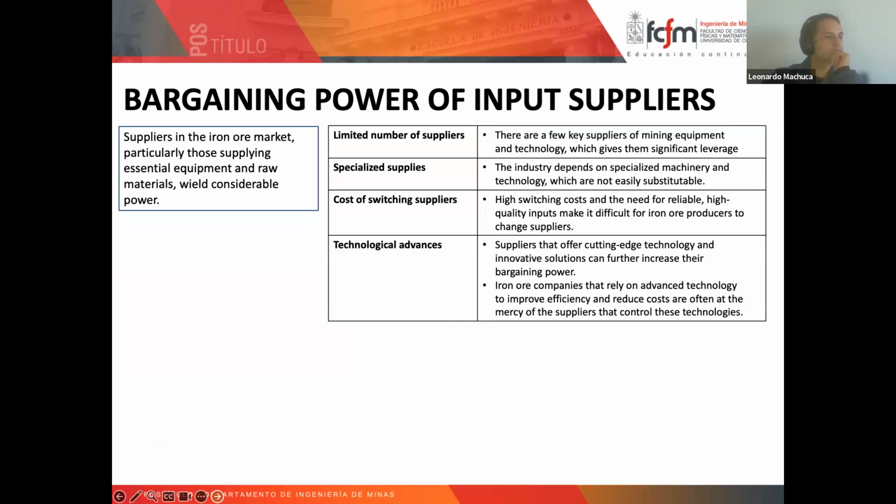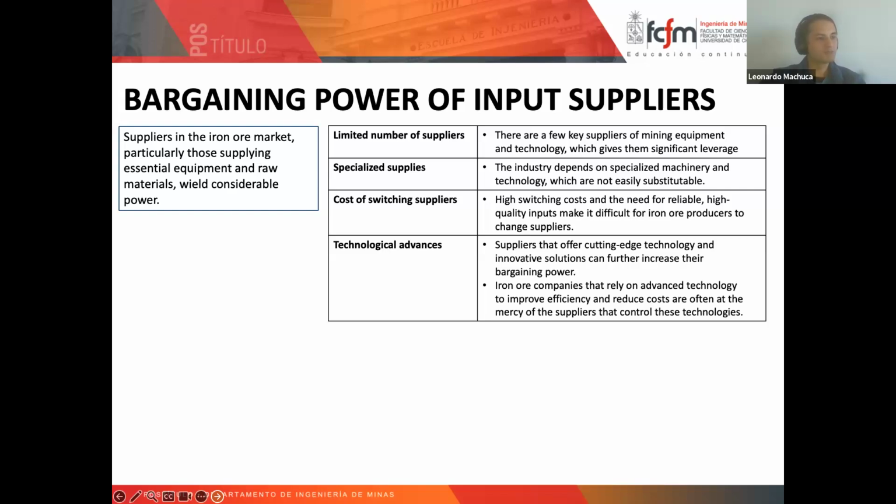Okay, so bargaining power of input suppliers. We think this is a low threat because suppliers in the iron market, particularly those supplying essential equipment and raw materials, will consider power.